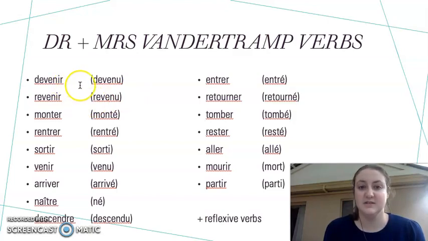So devenir becomes devenu, revenir becomes revenu, monter becomes monté, rentrer becomes rentré, sortir becomes sorti, venir becomes venu, arriver becomes arrivé, naître becomes né, descendre becomes descendu, entrer becomes entré, retourner becomes retourné, tomber becomes tombé, rester becomes resté, aller becomes allé, mourir becomes mort, and partir becomes parti.